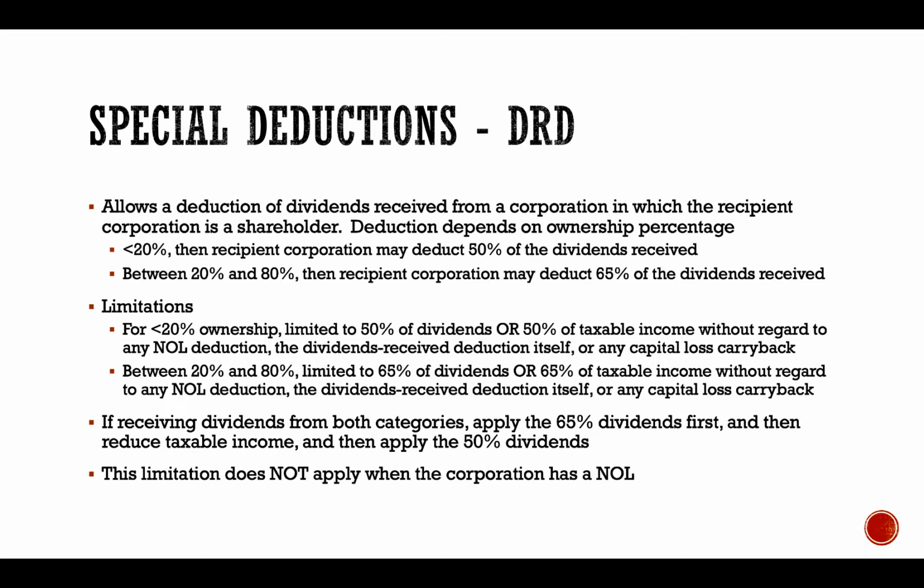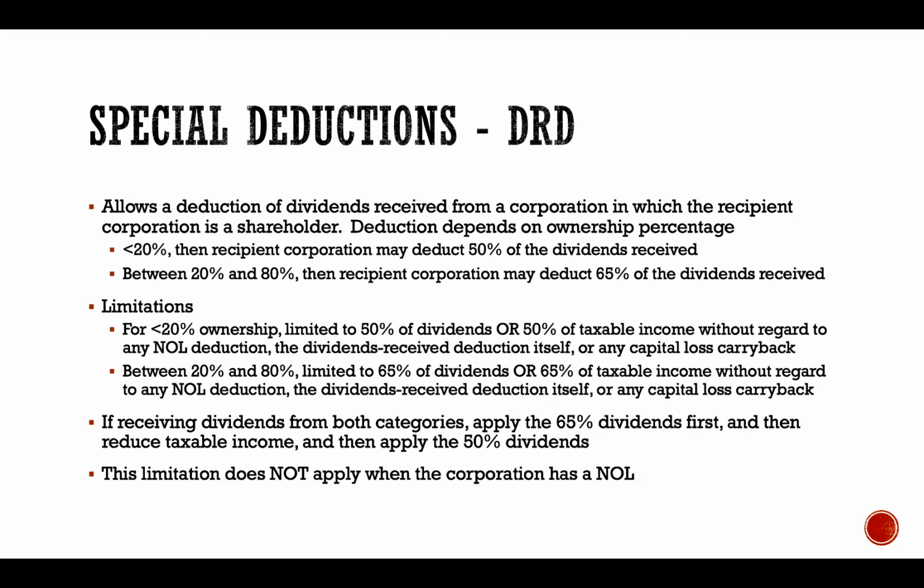There are also limitations. So if we fall into the less than 20% ownership, our deduction is going to be limited to half the dividends or half the taxable income without regard to any net operating loss deduction, the dividends received deduction, or any capital loss carryback. All right, so remember that if we own less than 20%.